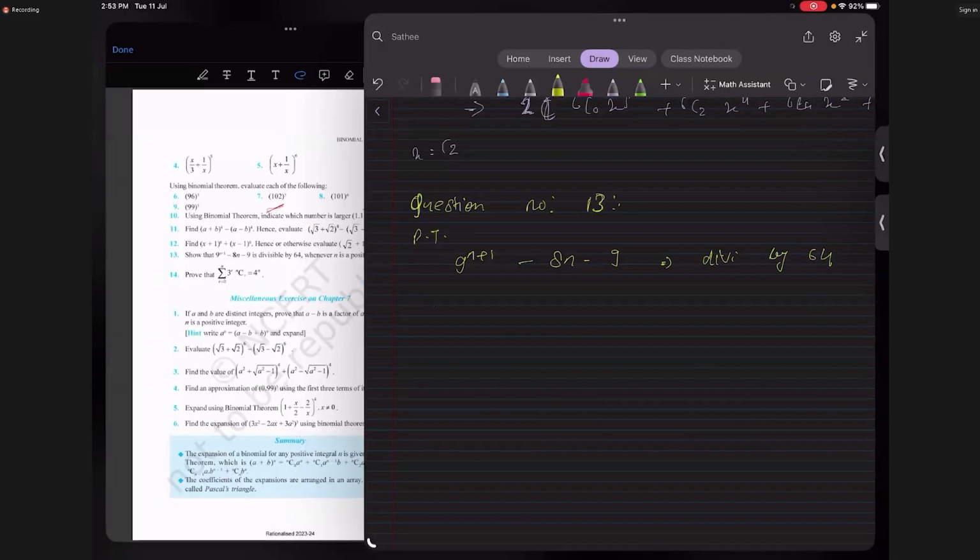If we see 9 to the power n plus 1, this would be (1 + 8) to the power n plus 1.